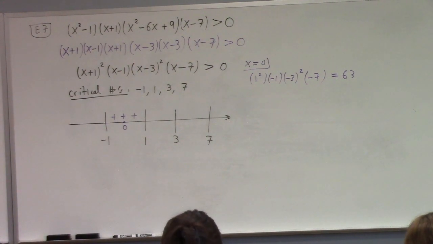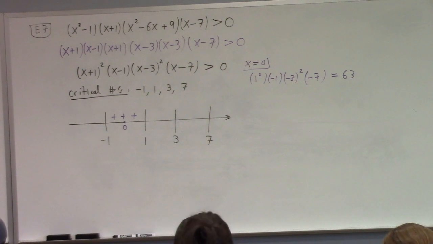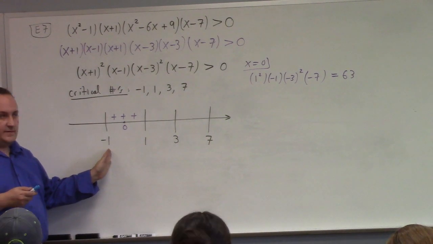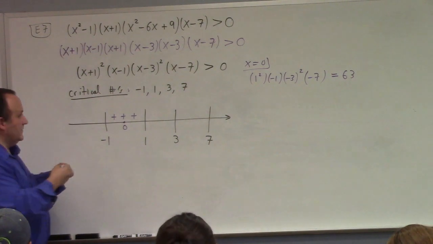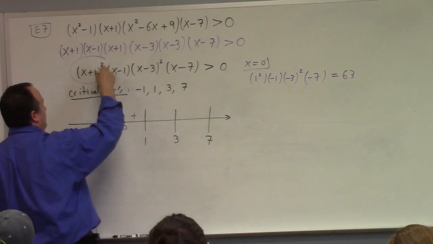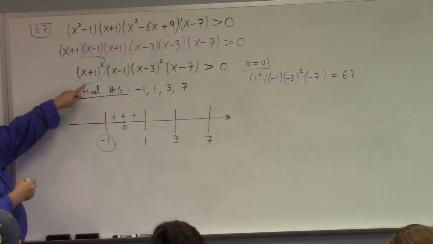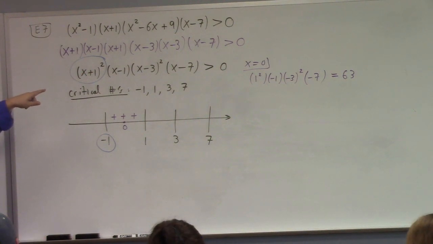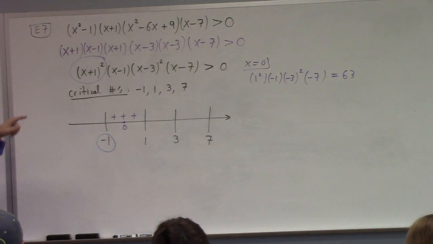All right, so listen carefully. This is the trick. So I look at -1. This -1 corresponds to this term up here. That's an even power. The multiplicity of the factor is even. That means that the expression bounces there, which means it doesn't change sign.